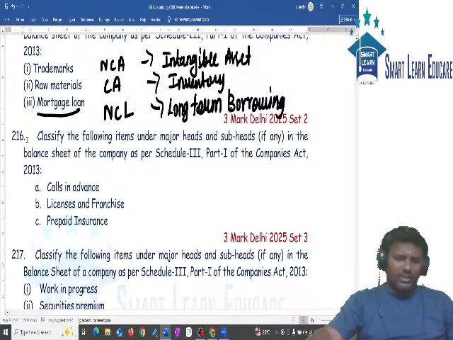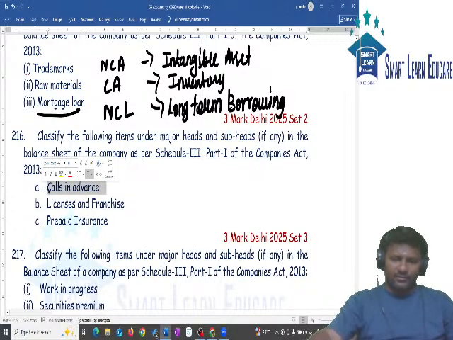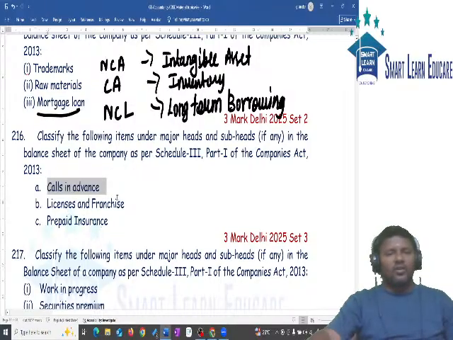question number 216. Classify the following items on the same thing. So, calls in advance. First of all, advance received by the company. Asset or liability? Company received some advance.